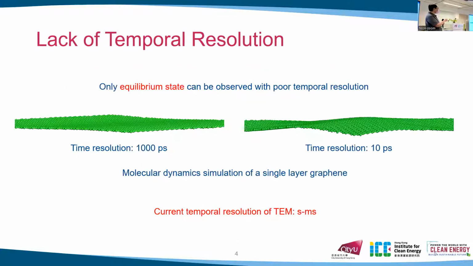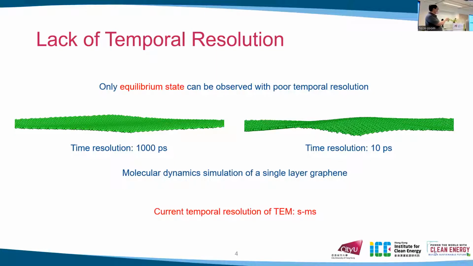Next is a lack of temporal resolution. If we use a poor temporal resolution, we can only observe the equilibrium states. Here I use a simulation of single layer graphene to illustrate. Here the time resolution is about 1 nanosecond, and we can see the graphene layer is very flat.